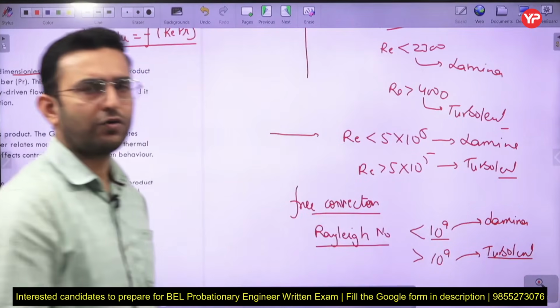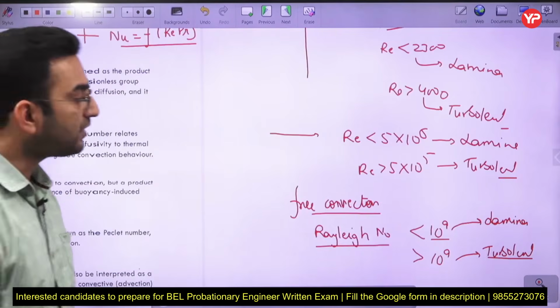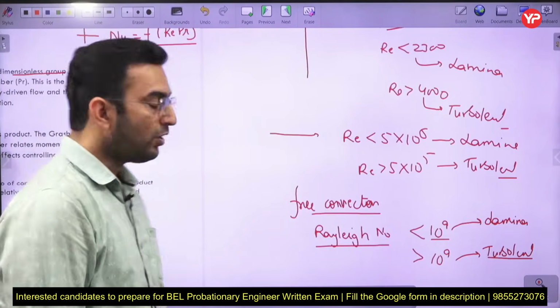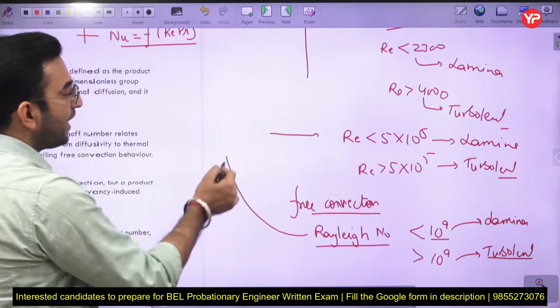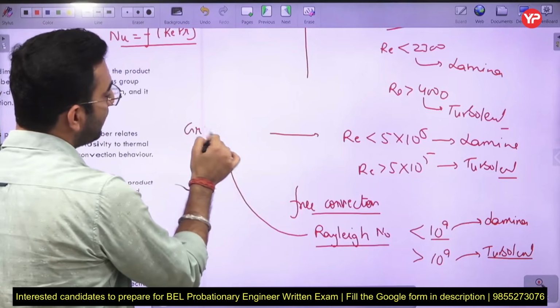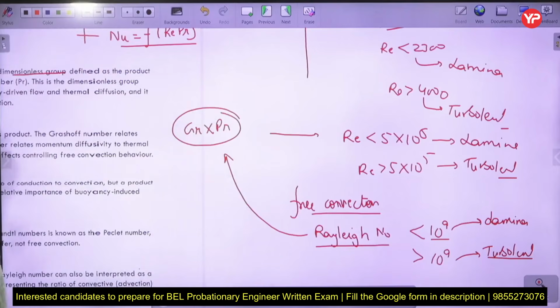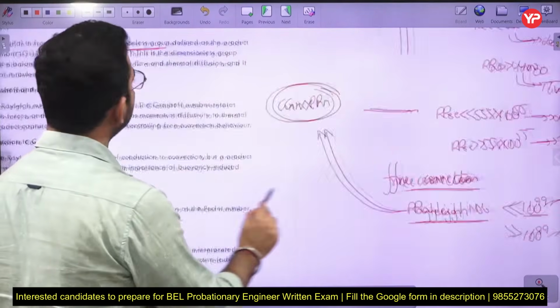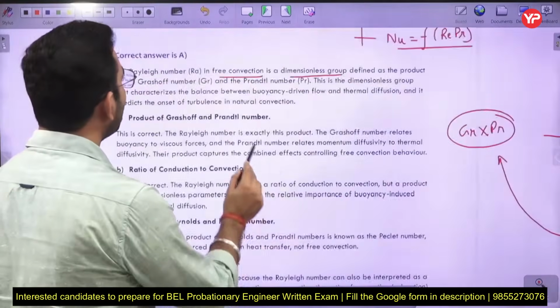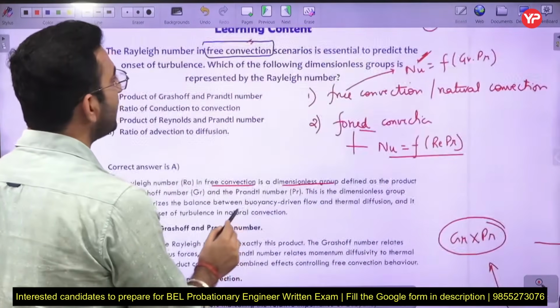So this is how you characterize the flow. Now what is the definition of Rayleigh number? Generally, the Rayleigh number is defined as the product of the Grashof number multiplied by the Prandtl number. If you see this question, they have directly asked what is the meaning of Rayleigh number.